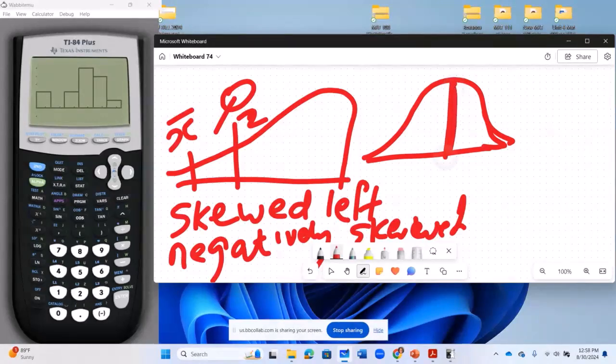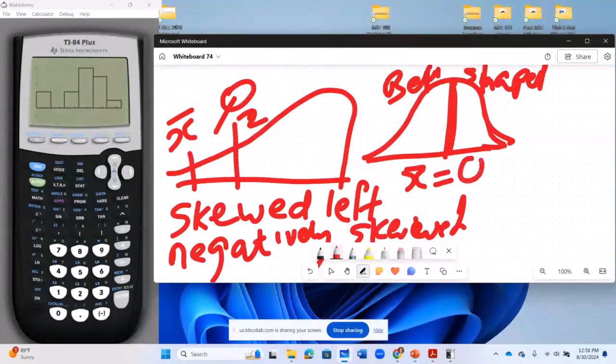If data is bell-shaped, in other words, if you superimpose a density curve on a histogram and it is bell-shaped, then it's an indication that the mean X bar is equal to the median Q2.